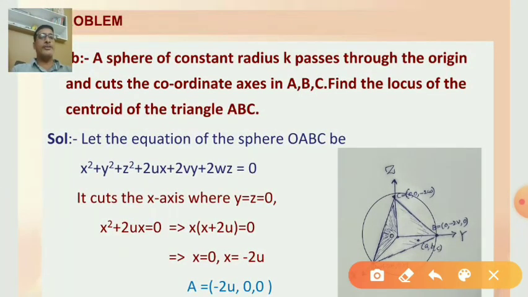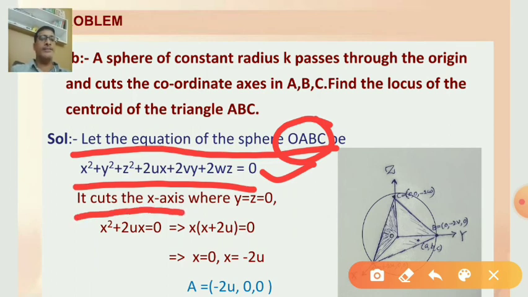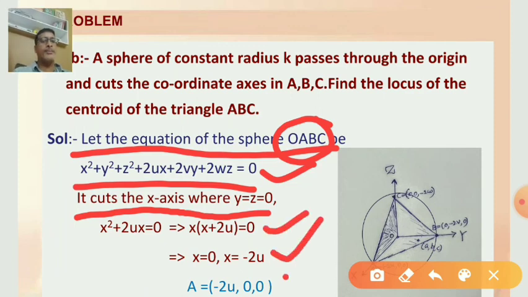The equation of the sphere OABC can be taken like this. As in the earlier problem, the sphere is passing through the origin, and hence we can take the standard equation of the sphere like this. Also, whenever it cuts the x-axis, y is equal to 0 and z is equal to 0, so you can write x squared plus 2ux is equal to 0, x is equal to 0 or x is equal to minus 2u, and point A is (minus 2u, 0, 0).